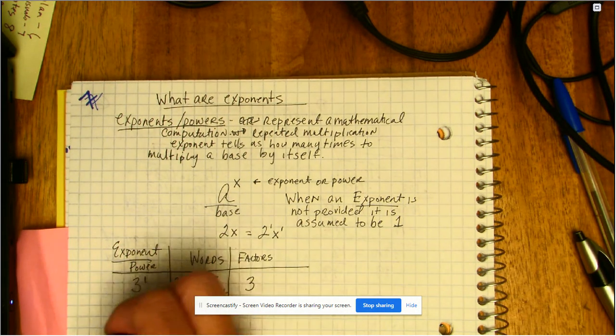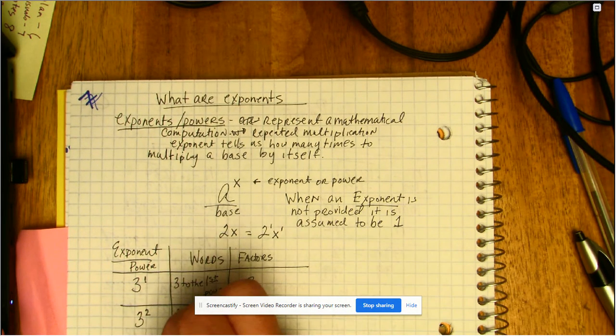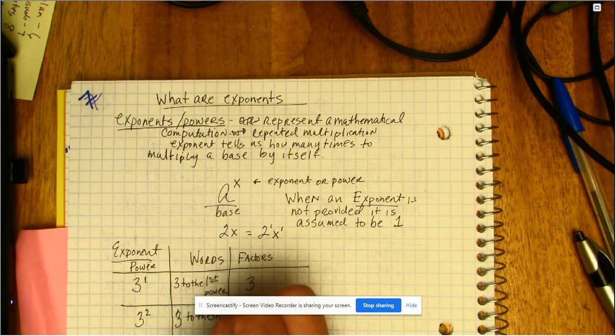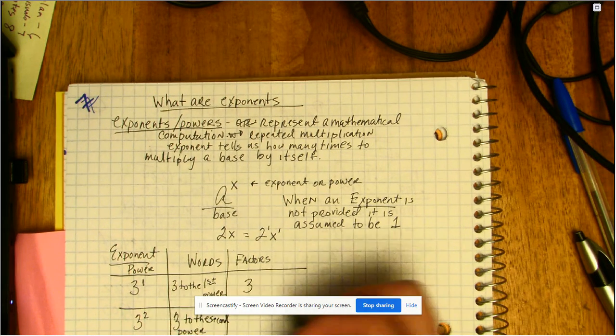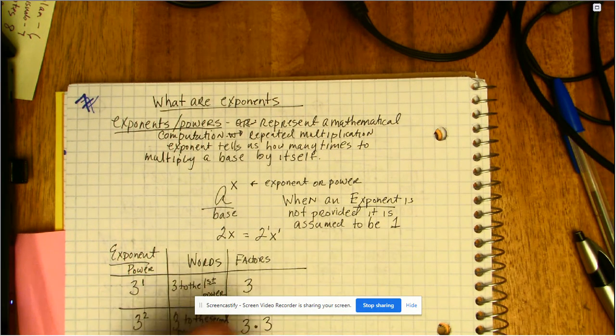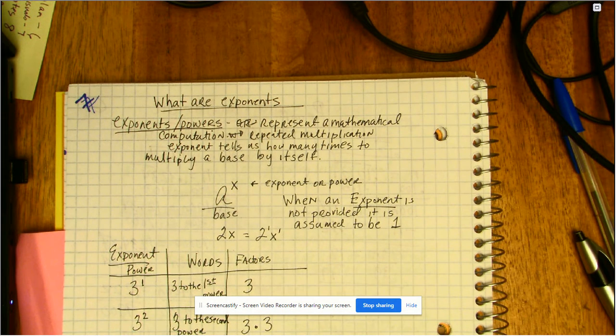If we go 3 to the second power, or 3 squared, our factors would be 3 times 3. The reason why we call it 3 squared is because how do you find the area of a square? It's one side times the other side, and they're both the same value if they're a square.